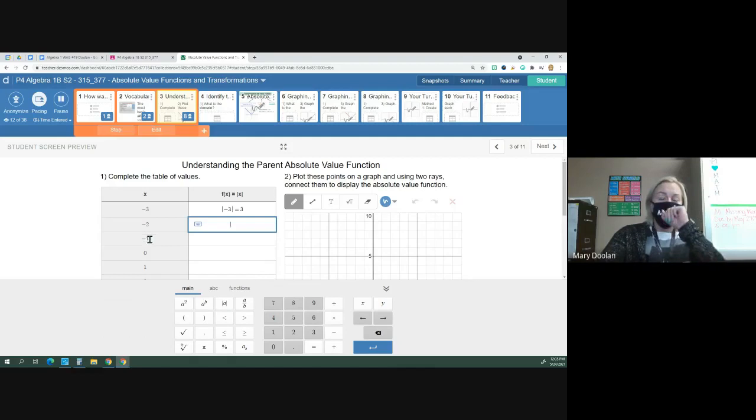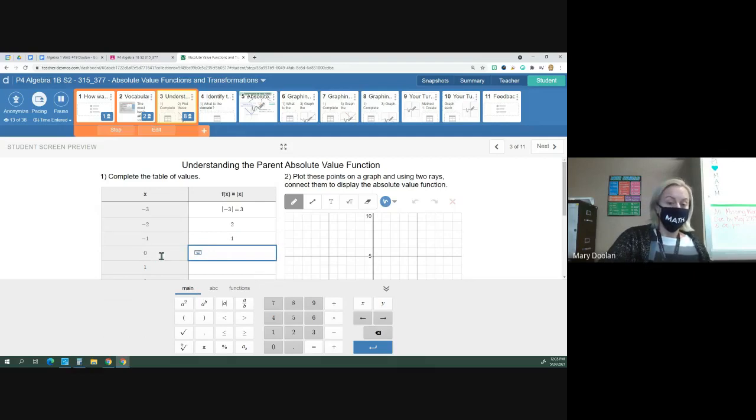So the function of x when x is -2, absolute value of x is +2. If it's a negative, it turns positive. -1, the absolute value of -1, +1. Absolute value of 0. Okay, so if you think about it in the terms of absolute value is distance from 0, how far away is 0 from 0?